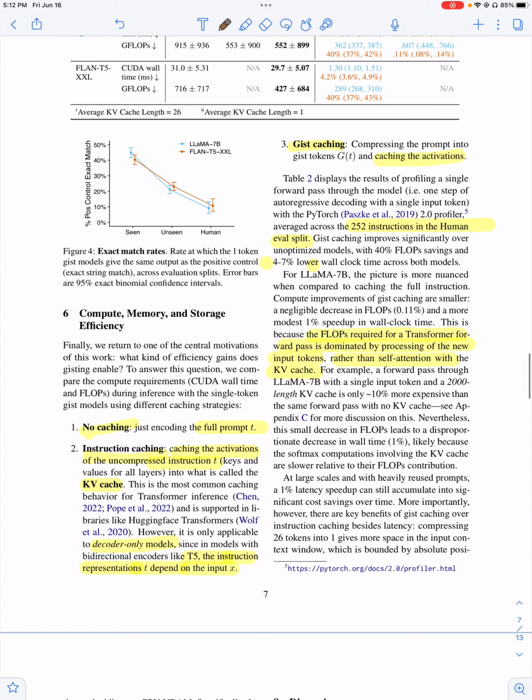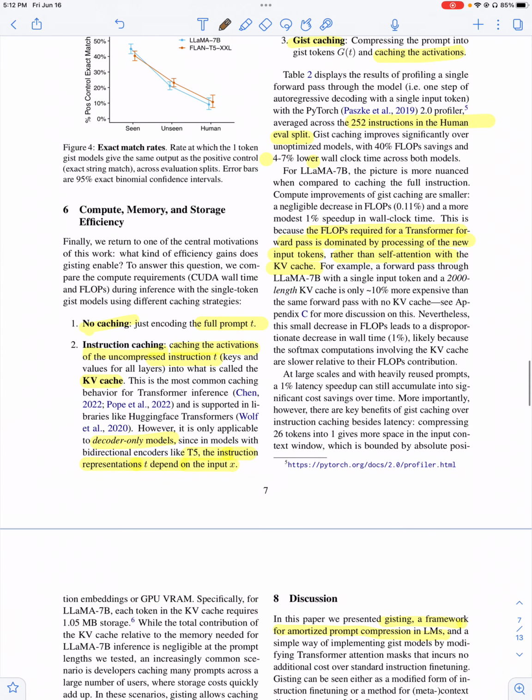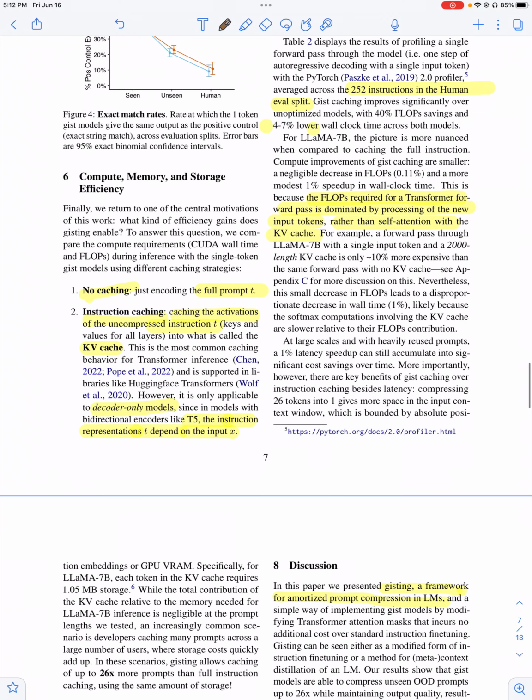And then they actually look at the efficiency of these gist models, right? They compare it with no caching, where you have the entire prompt and you are paying attention to the entire prompt on the fly during inference. And then you have the instruction caching, where since the prompt is repetitive, you can basically just cache the keys and values of the prompt.